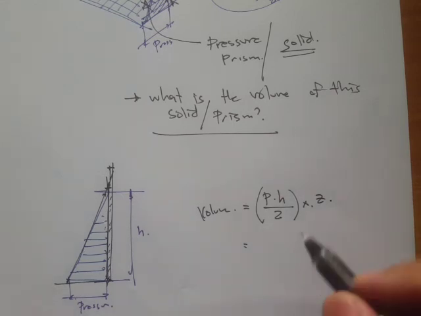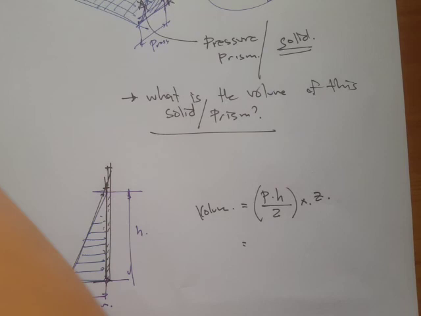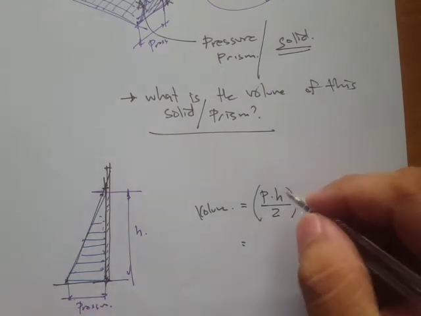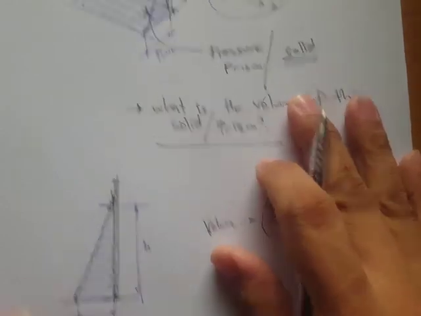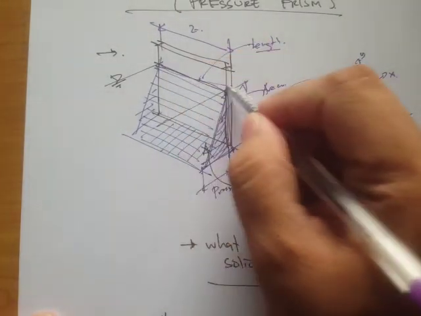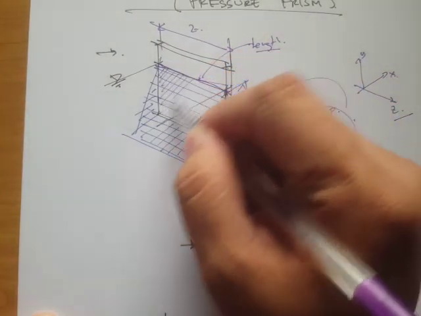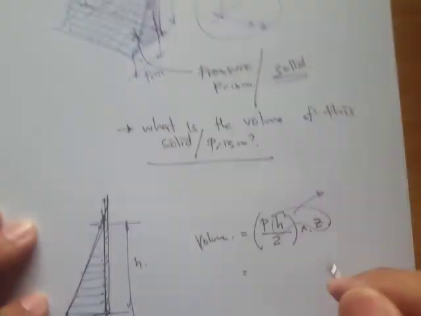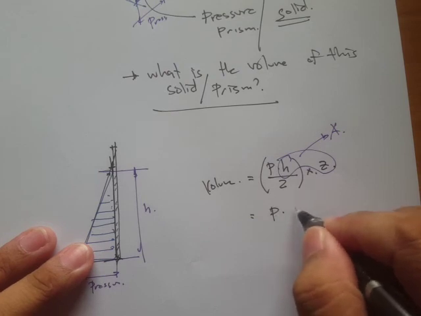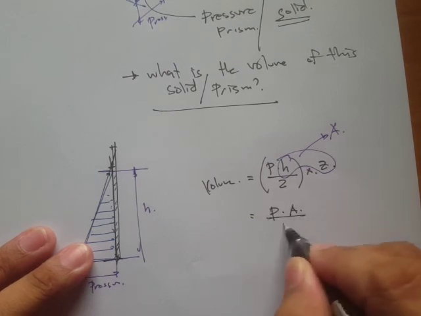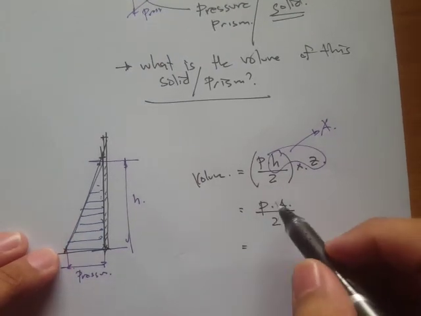Okay, so now what is H? What is H times Z? This one. What is H times Z? Okay. H times Z, that's actually the area, right? So let's write this area, and we get P times A all over 2. And what is P?